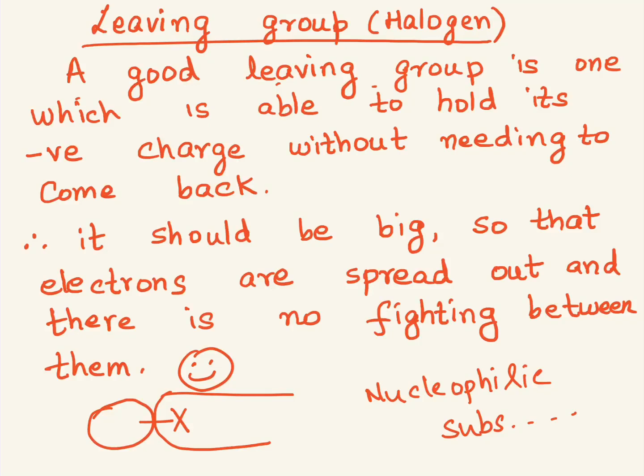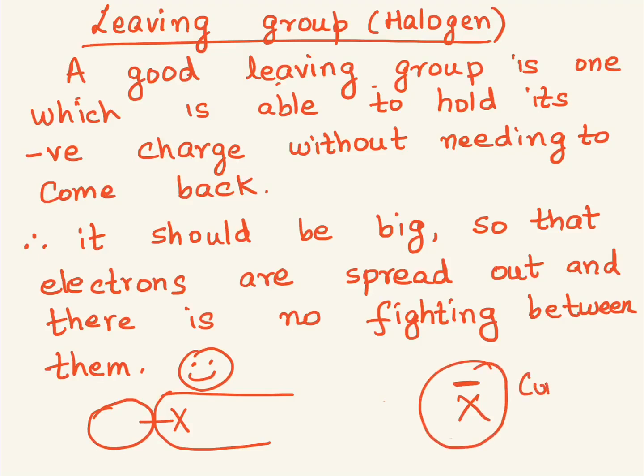Okay, boss, agreed. You leave with your share of electrons, but you should be capable of managing those electrons yourself. Don't come crying to us that I've got this extra bundle on my head and I'm not able to take care of it. So, our halogen atom should be competent enough to take care of the burden that will come upon it.